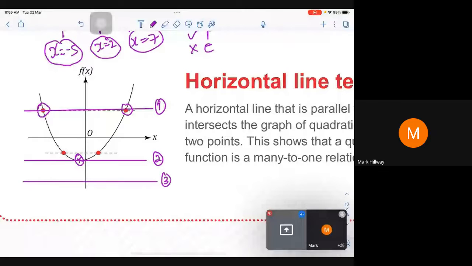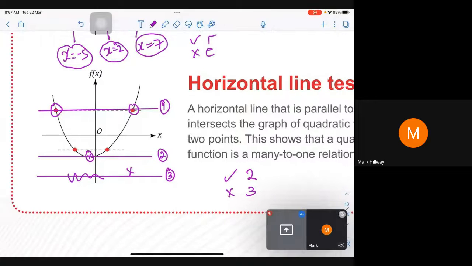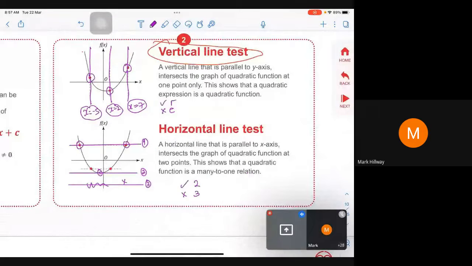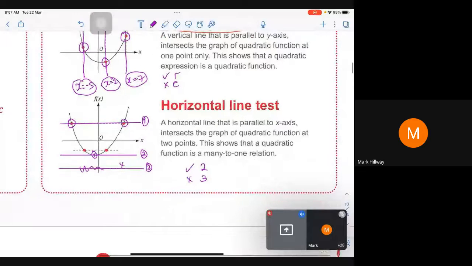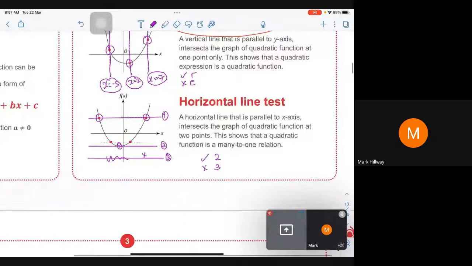The third one, we do not intersect any point. Am I right, guys? If yes, reply me 2. If you don't understand, reply me 3. Okay, this is how the vertical line and horizontal line work on the quadratic graph.